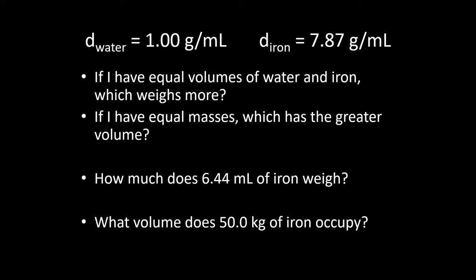Now iron is 7.87 times more dense. It has a density of 7.87 grams per mL. So if we think about the differences here, if we had equal volumes of these two things, which one would weigh more?